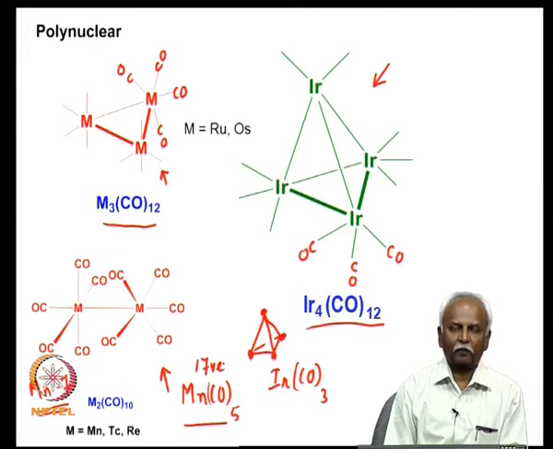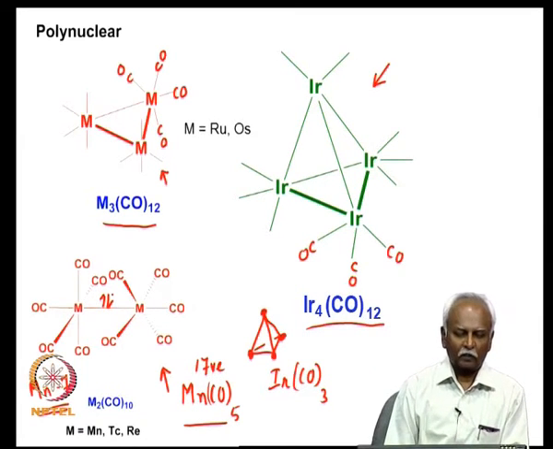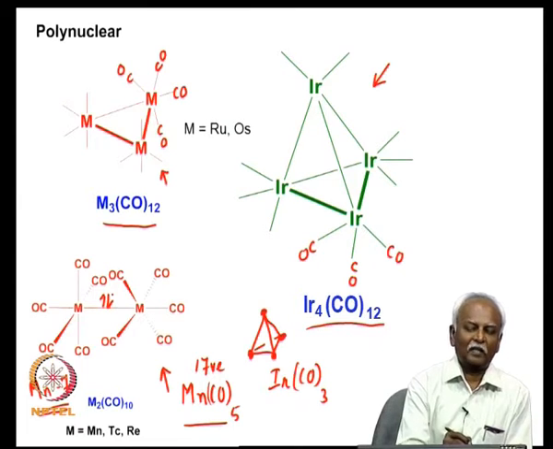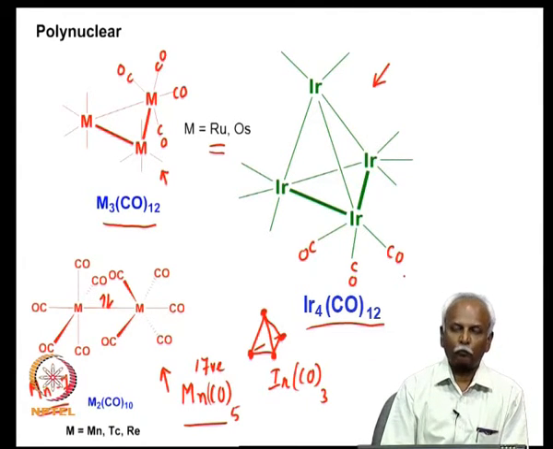Now, with the 17 valence electrons, this 1 electron, if it can be shared between the 2 manganese atoms, then each manganese can end up with a valence electron count of 18. So, that sharing of that 1 electron between the 2 manganese atoms results in the formation of a bond between the 2 manganese atoms, and that is what you have in each one of these cases. Either it forms 2 bonds, as in the case of ruthenium, it has to form 2 bonds in order to achieve a valence electron count of 18, and in the case of iridium, it has to form 3 bonds in order to achieve a valence electron count of 18.